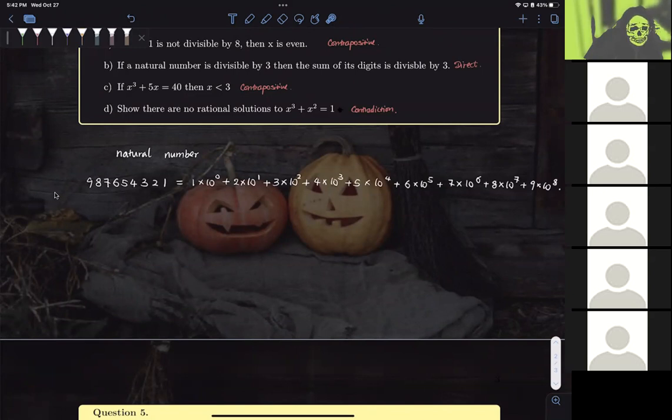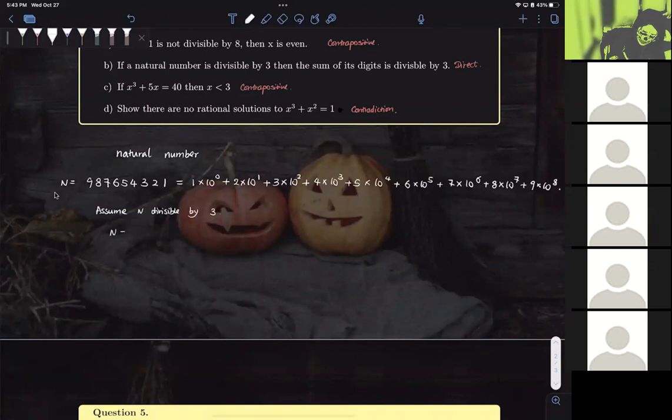Oh, too many questions. And then you assume this is divisible by 3. So assume your natural number is divisible by 3. Let's call this n.